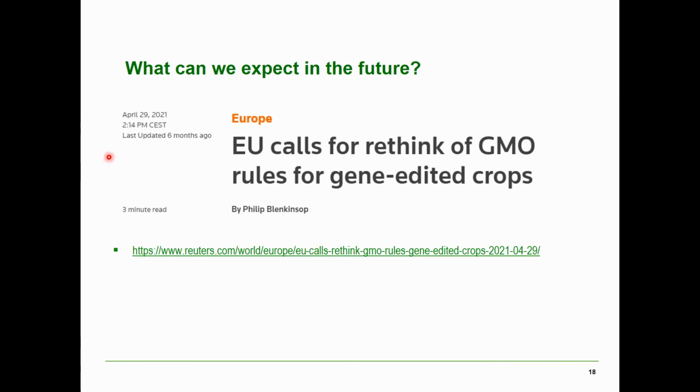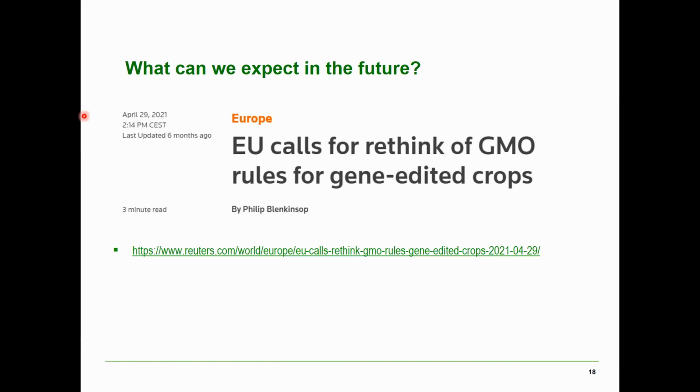Another news article from April 2021: the EU calls for rethink of GMO rules for gene-edited crops. This also points towards acceptance of gene editing in livestock, but also in the wider agriculture.